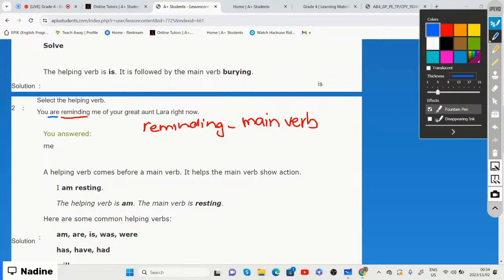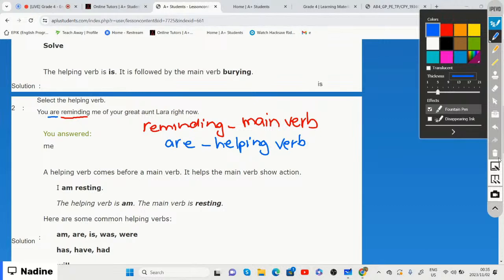So the helping verb is are. Don't worry, as long as you either got the main verb or the helping verb, that is correct. So are is our helping verb, and the main verb is reminding.